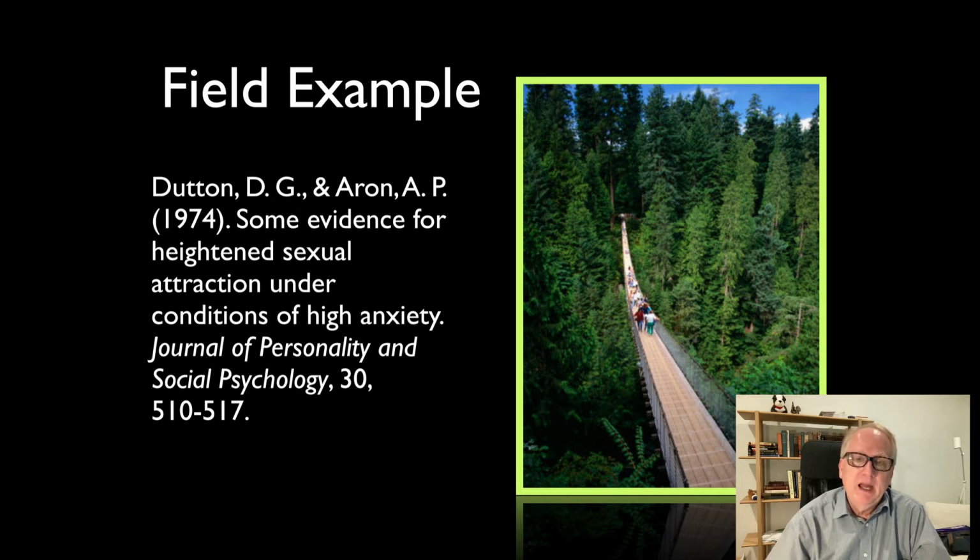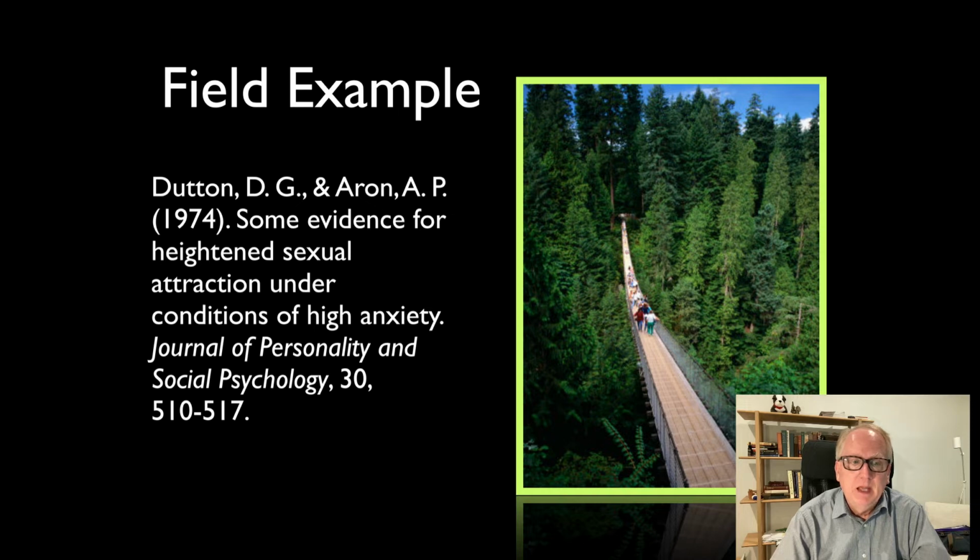Then, as the person is going across the bridge, they run into another person. All of the participants were males, and they had a female confederate, or female assistant in the study, who acted like she was just some normal everyday person and walked up to the participant as they were crossing the bridge.